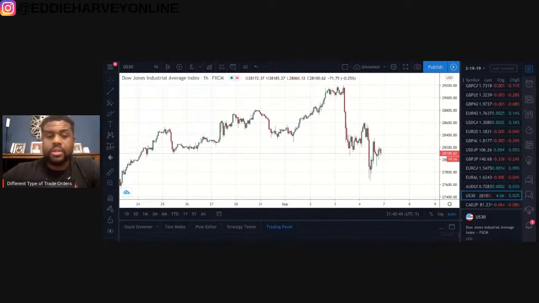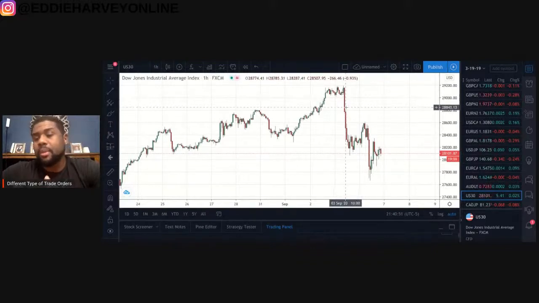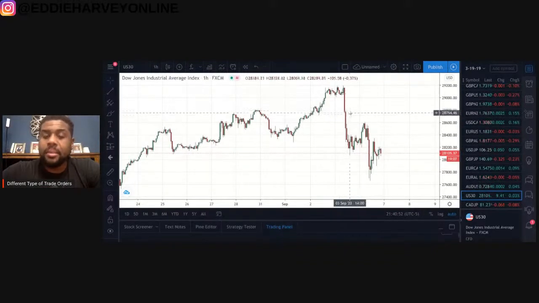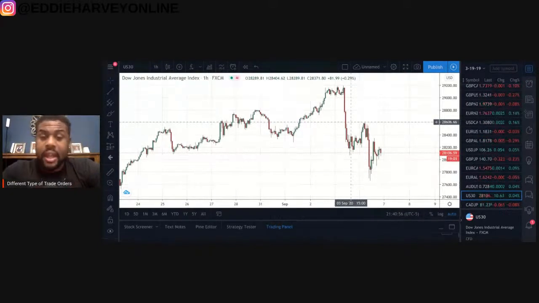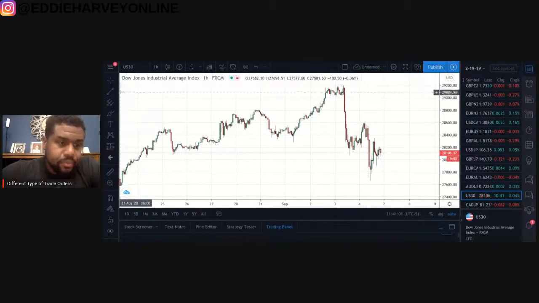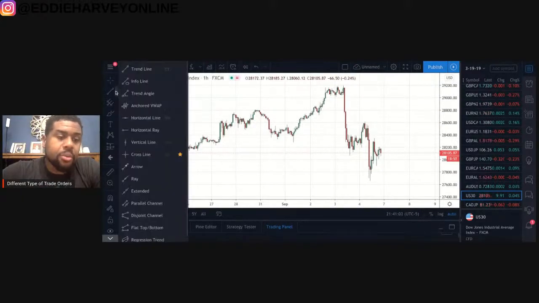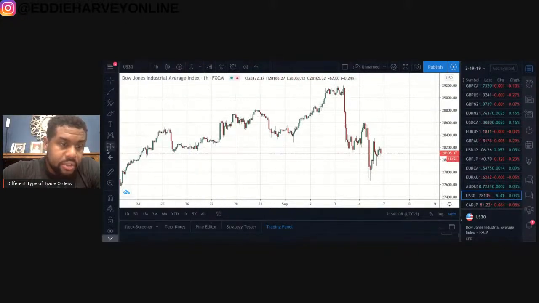The way this works, when you look at buy limits and sell limits, let's start with the buys. If someone gave you a buy limit, I kind of look at it like a check mark. So with a buy limit, what you're waiting for, right? Where is the drawing tool at? Let me find a drawing tool inside of TradingView.